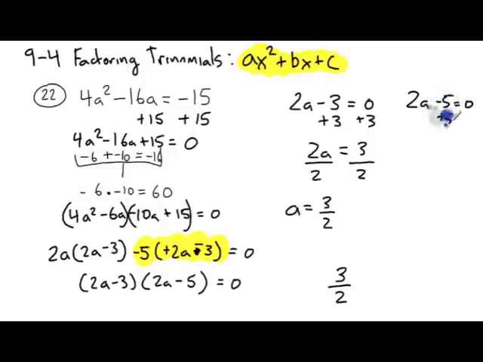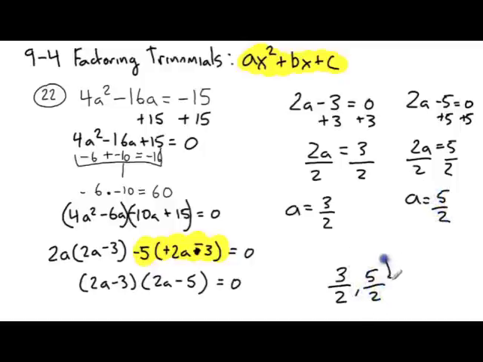So we're going to add 5. We have 2a equals 5. Divide by 2. We have a equals 5 over 2. So that's my second. This is a solution set. So this is my answer for this problem.